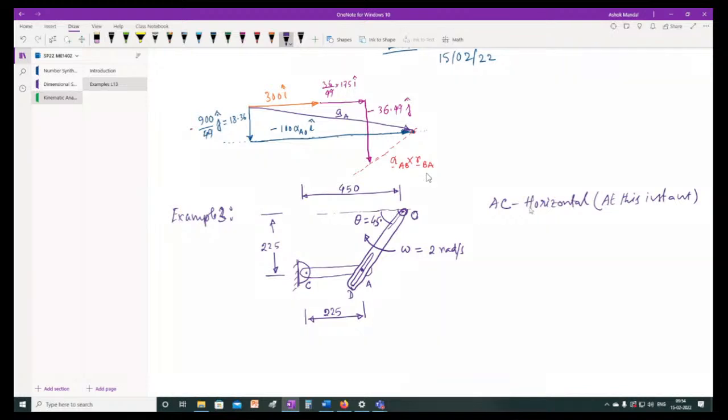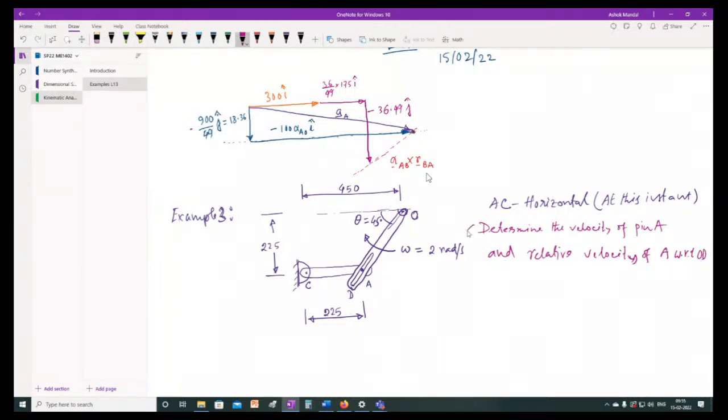Okay, here we have to determine the velocity of pin A and the relative velocity of A with respect to OD link.